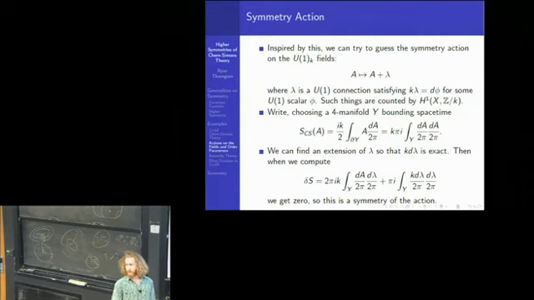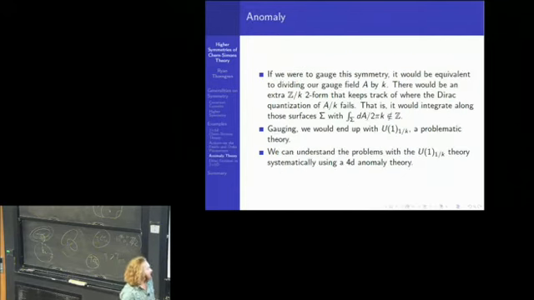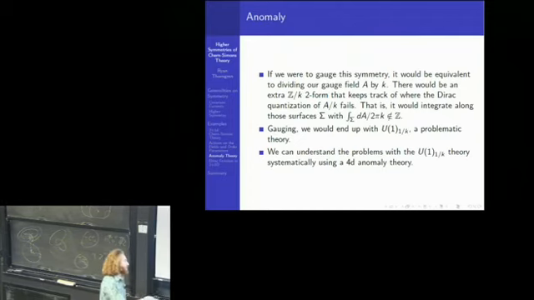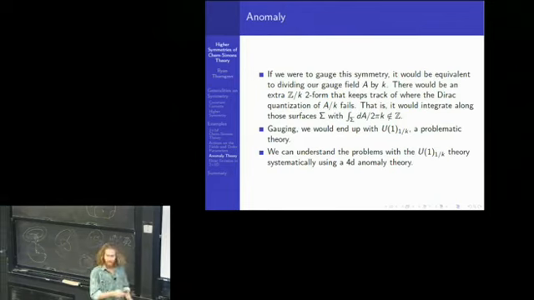So because I've realized this as going from a theory that was fine to a problematic theory by gauging some symmetry, this is a 't Hooft anomaly, and I can study this 't Hooft anomaly by some 4-dimensional topological field theory. Okay, so this. Sure.